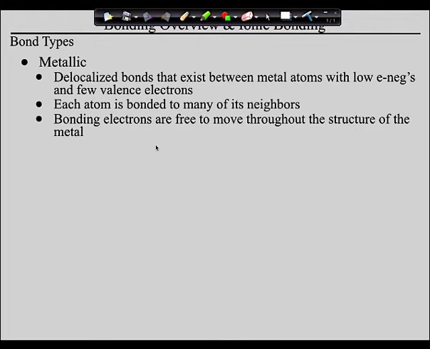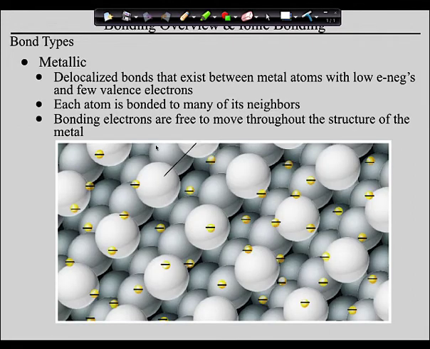And these electrons are free to move throughout the structure of the metal, which explains everything we need to know about metals. That's why they conduct, that's why they're shiny, that's why they're ductile, that's why they're malleable, because these electrons are just spread diffusely throughout the substance, and we look at pictures that look like this. You're now done with metallic bonding.